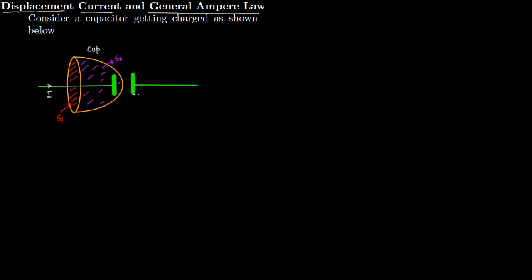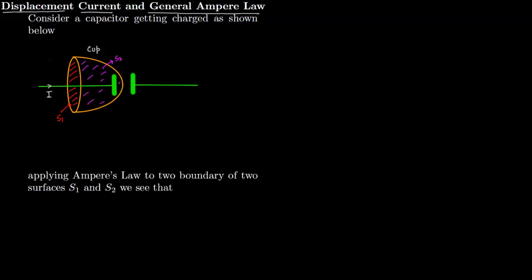Now we will apply Ampere's law to the boundary of the two surfaces S1 and S2. Notice that the boundary of S1 is this, I'm shading it in red, and the boundary of S2 is also this.